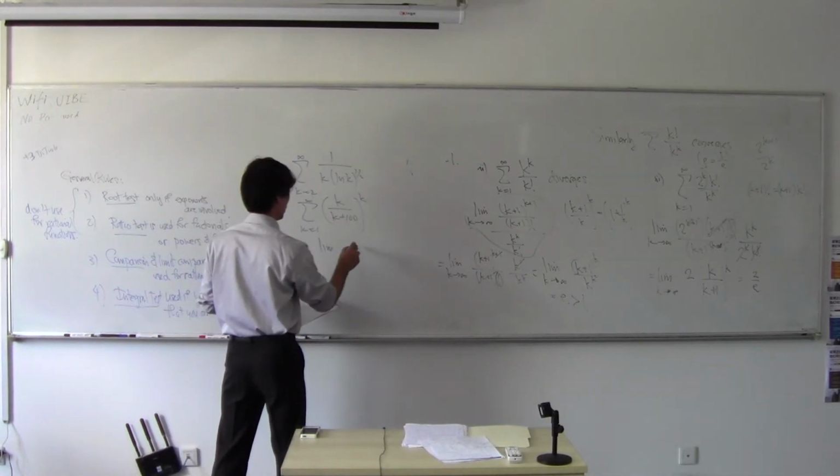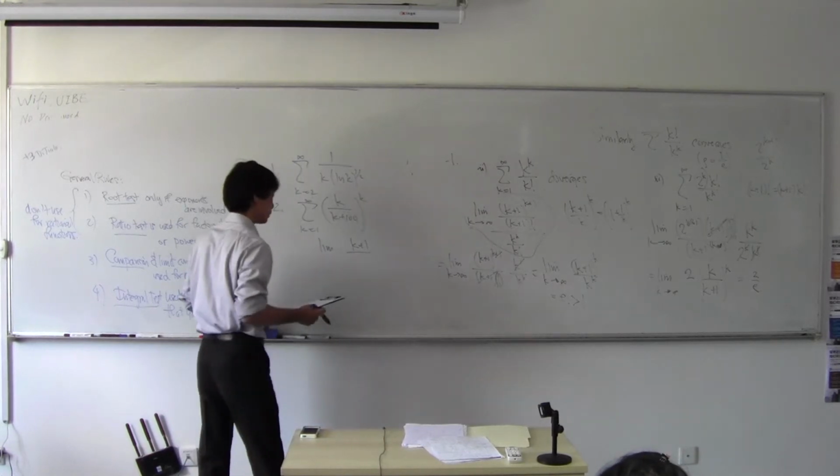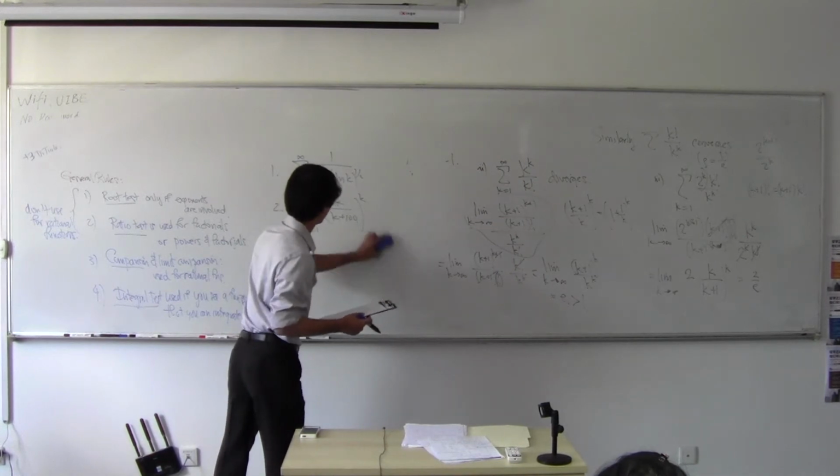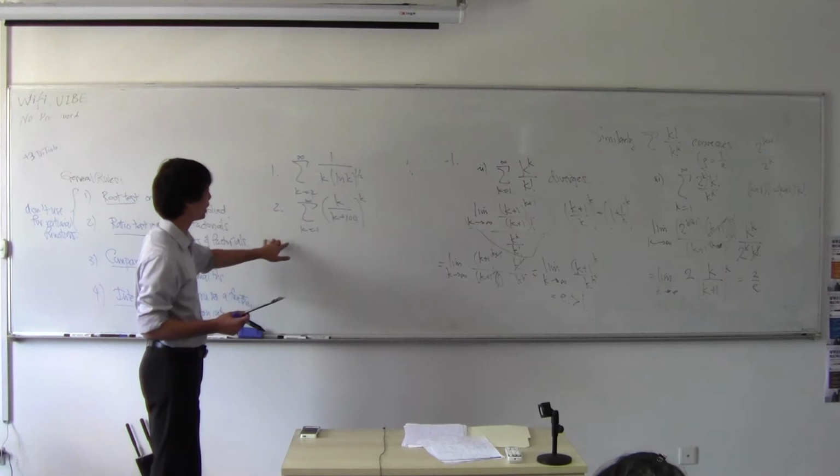The limit of k plus 1, we have k plus 100 over k.